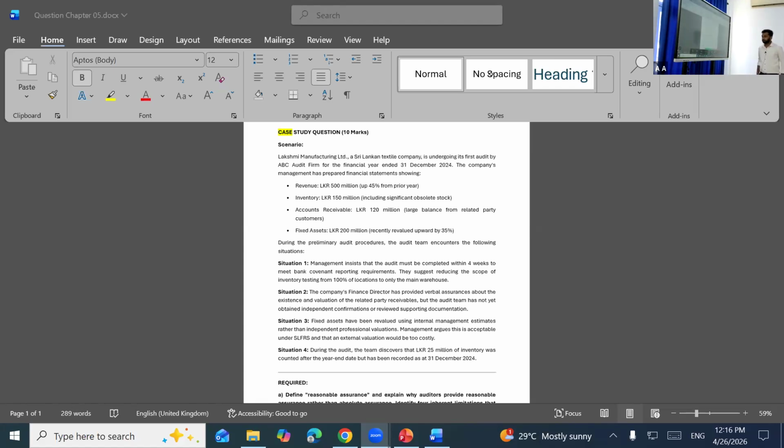The specific assertion violated here is cutoff, right? As well as the valuation, right? Valuation, because they have counted this amount after the year end, right?